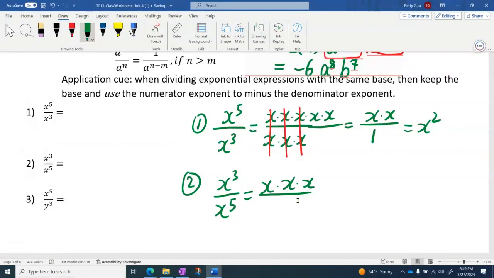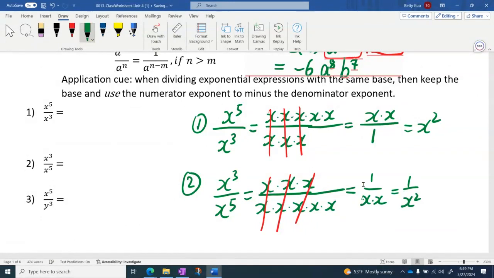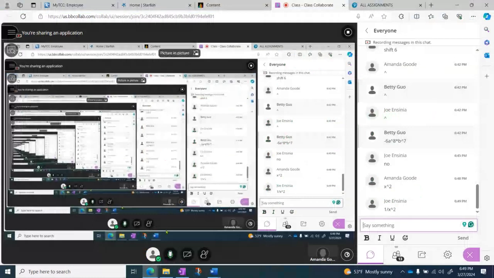Denominator x to the power of fifth, 1, 2, 3, 4, 5 x's. By the division property of fractions, cancel. So we have 1 in the numerator. The denominator is x times x, and that gives us 1 over x squared.